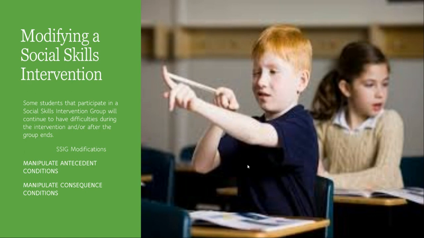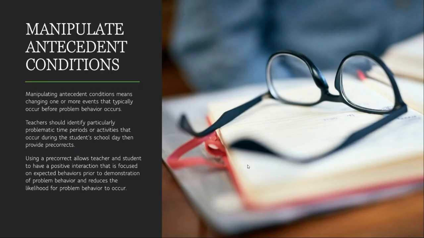So there are several things to do for those students who did not respond in a positive way to those social skills lessons. Several things that the team can do are to manipulate the antecedent conditions or manipulate the consequence conditions.